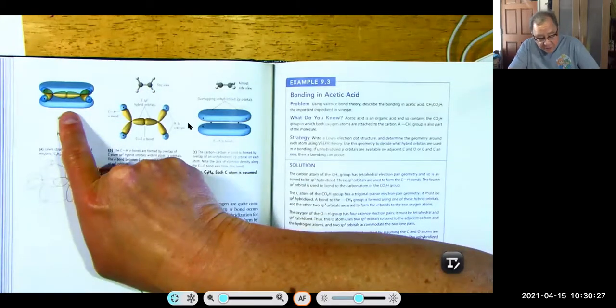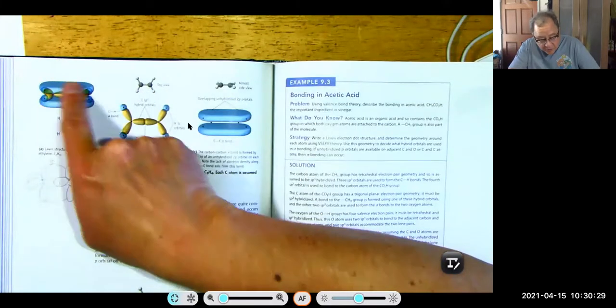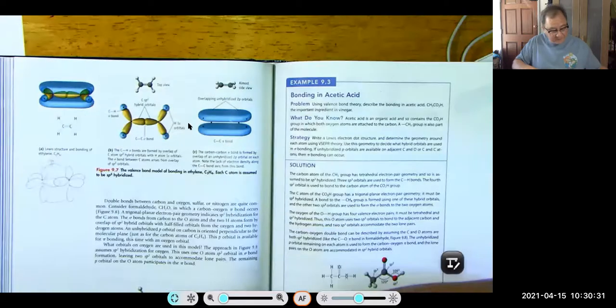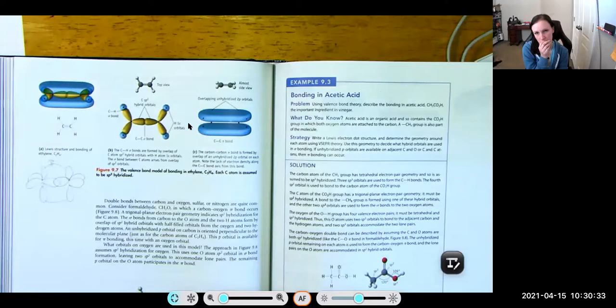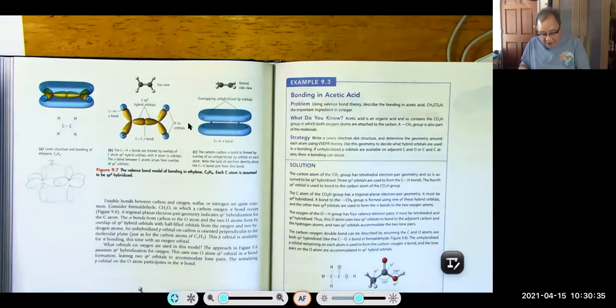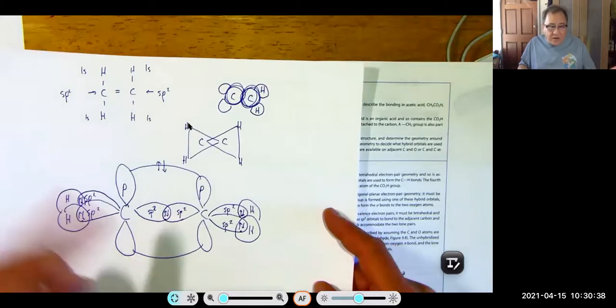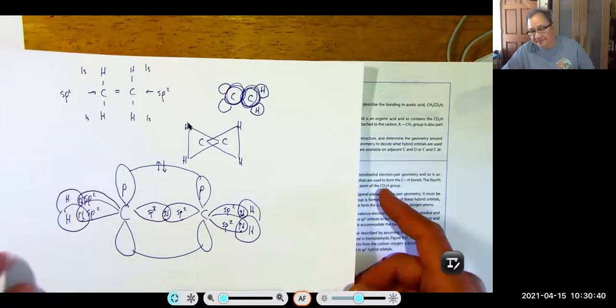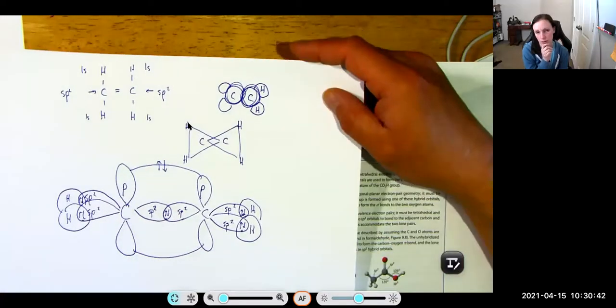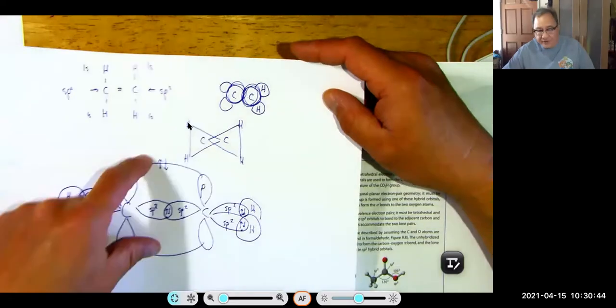And you see this blue balloon on top and this blue balloon on the bottom? That's the 2 p orbitals overlapping. And this is how I draw it because I can't draw balloons. This is less crowded than if I draw balloons.